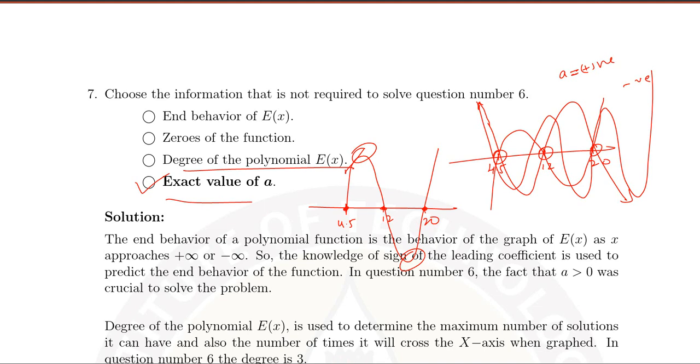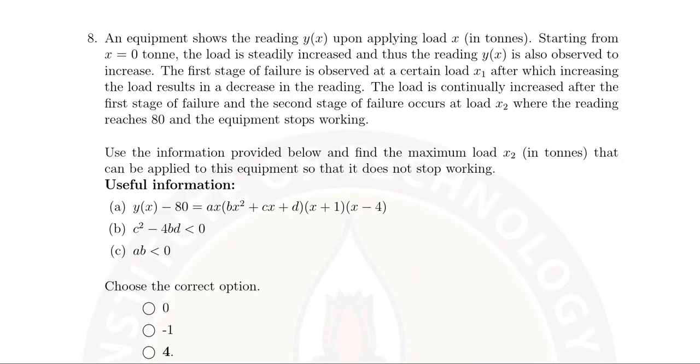Let's move ahead with the next set of questions. So the next question is question number 8. An equipment shows the reading Y of X upon applying the load X in tons. Okay, so this information is given to us.